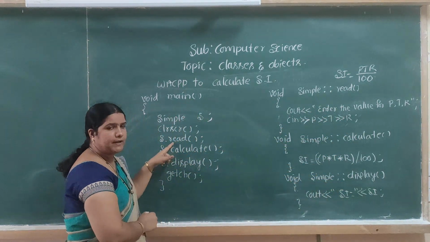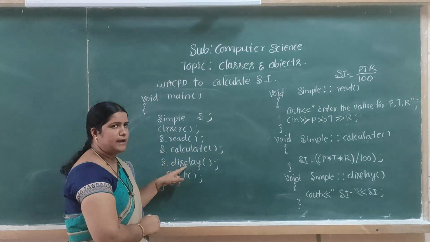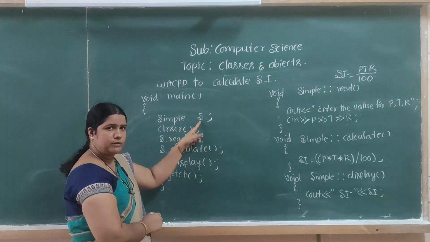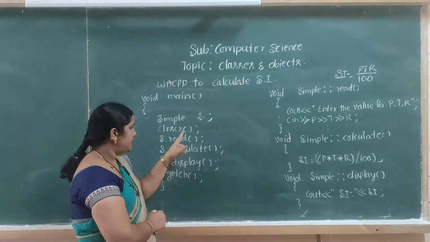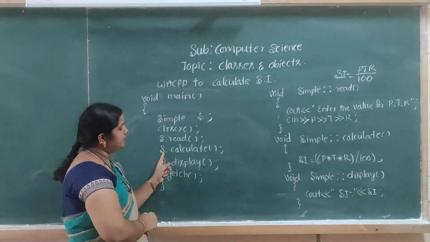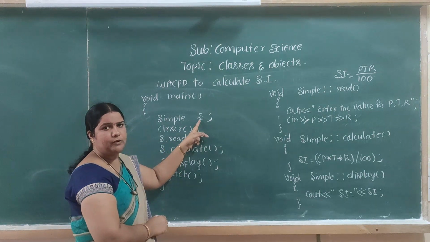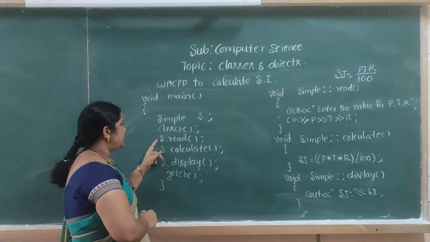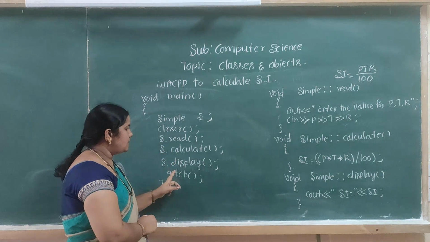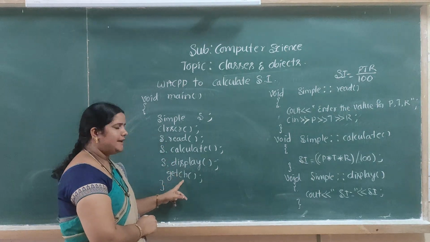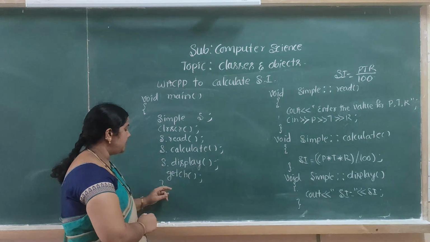If we take the object as E, it can be written as E dot read, E dot calculate, E dot display. Here we declare one object, S: S dot read, S dot calculate, S dot display. And finally getch and the closing brace.